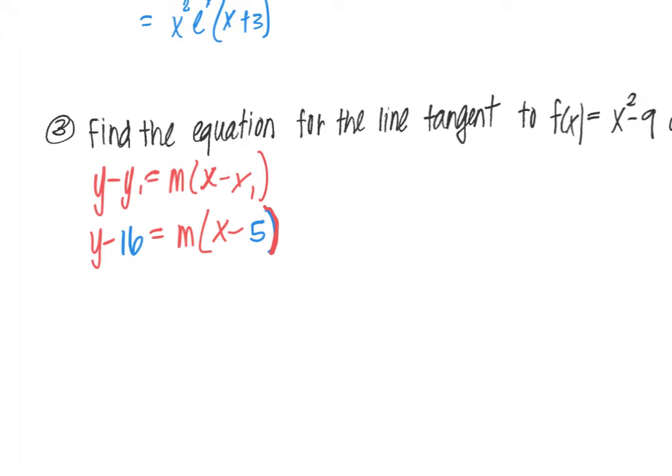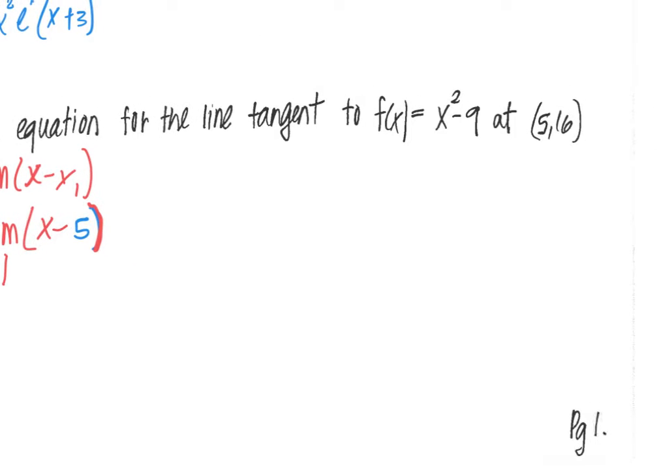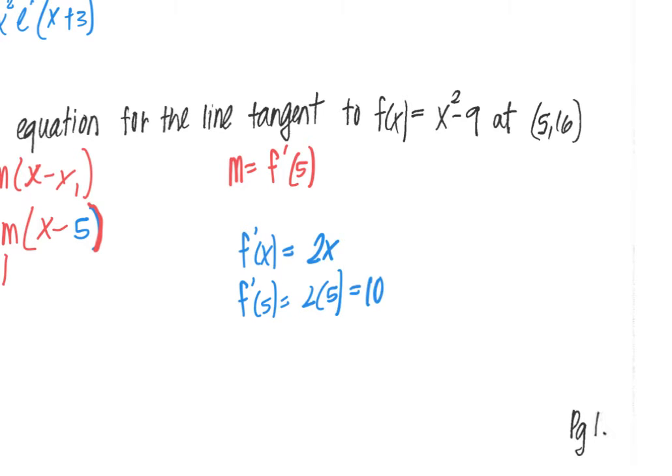I just don't have the slope. And that slope is going to be given to us by the derivative and plugging x into that derivative. So in this case, the slope is going to be f prime of 5. But let's find f prime x first. It's going to be 2x. And so f prime of 5 is 2 times 5, which is 10.